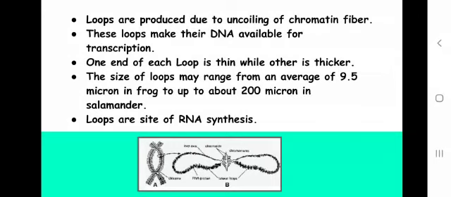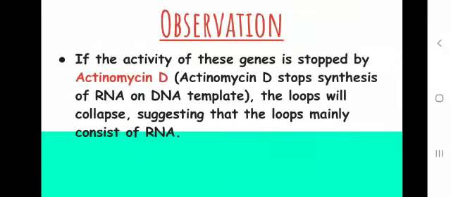Loops are sites of RNA synthesis. Observation: if the activity of these genes is stopped by actinomycin D, the loops will collapse, suggesting that the loops mainly consist of RNA.